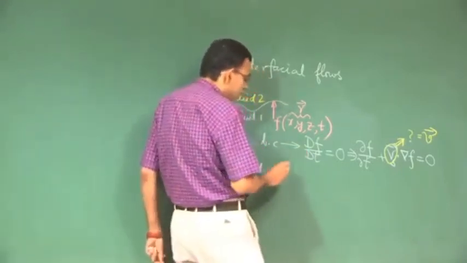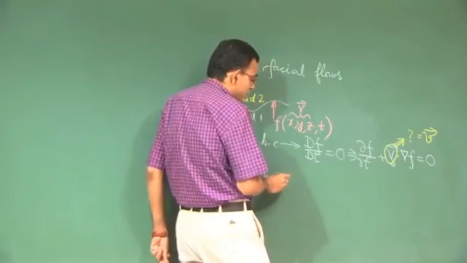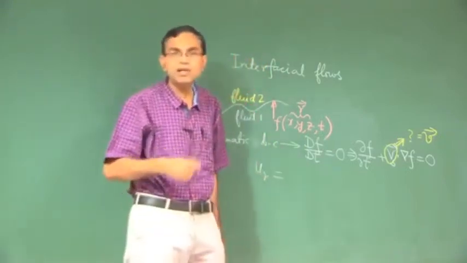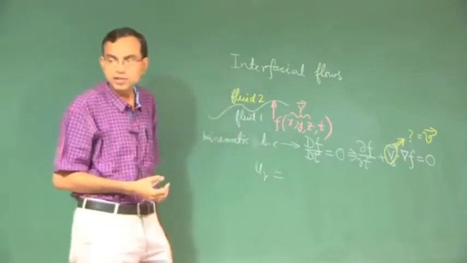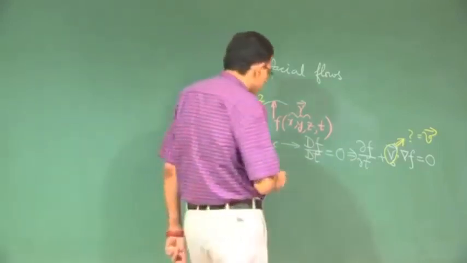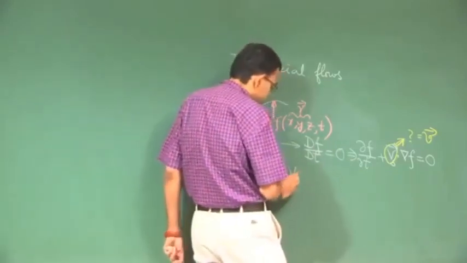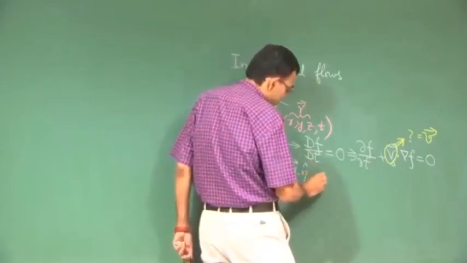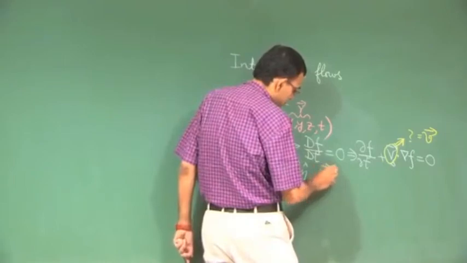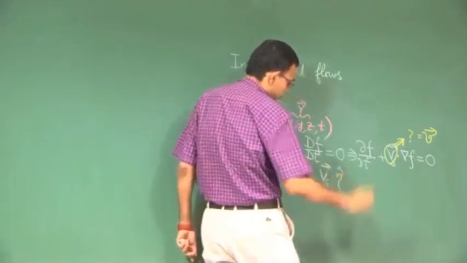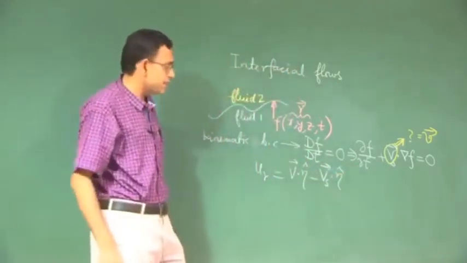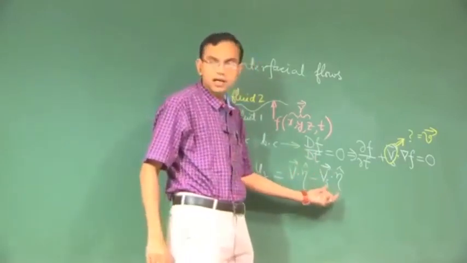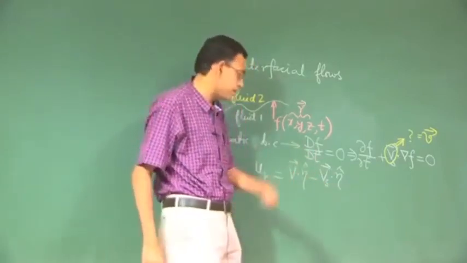So, this is the velocity of the fluid relative to the surface, the difference in the normal component of the fluid velocity and the velocity at a point on the surface.